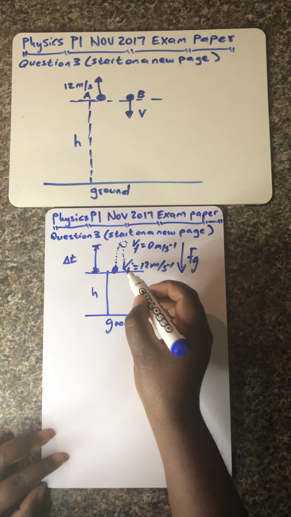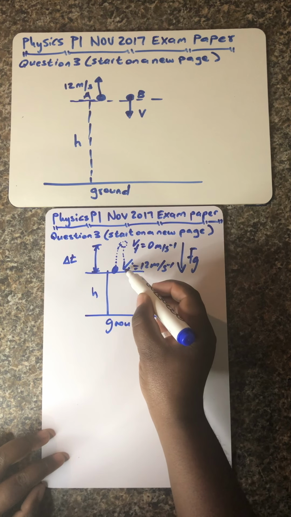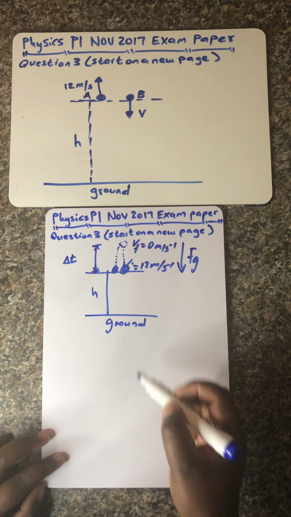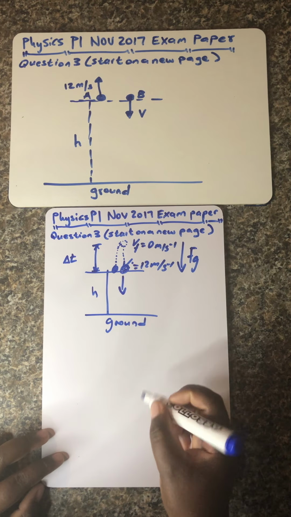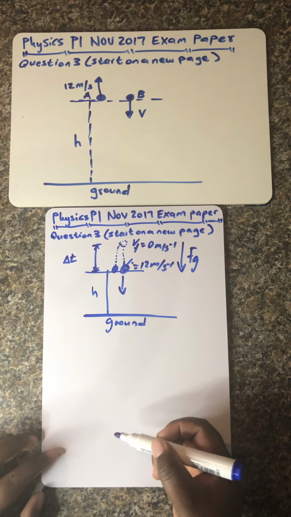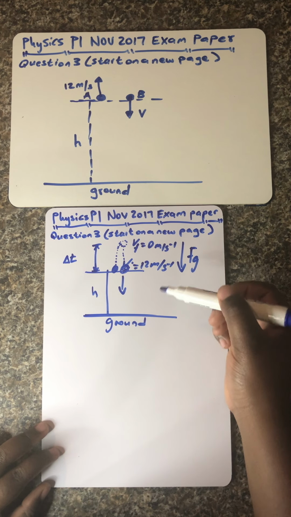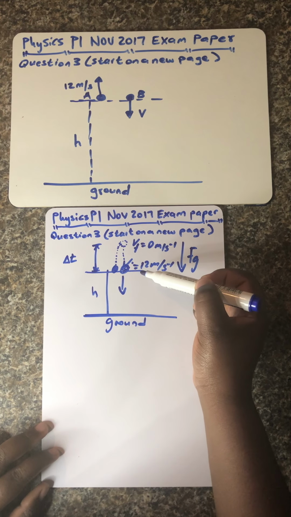Obviously in this case, as you can see guys, it won't just come back and stop at the point where it was projected vertically upwards. It will continue to move down until it gets to the ground level. Now the question wants us to calculate the time it takes for this stone to reach its maximum height.